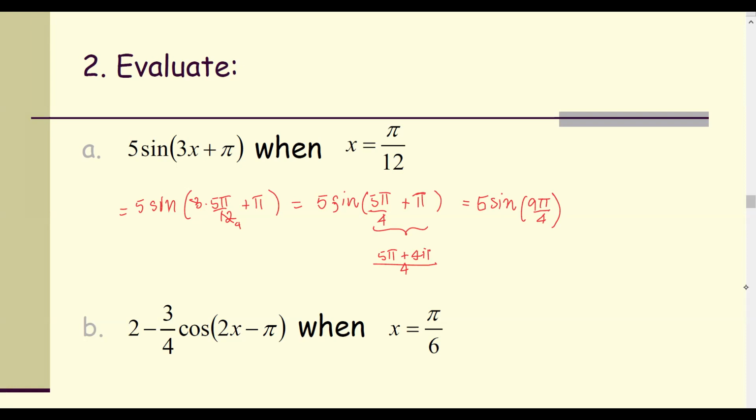And for the angle, if we don't want to convert into degrees, you can look at the unit circle: 0 degrees is 0 radians, 90 degrees is pi over 2 radians, 180 degrees is the same as pi, 270 degrees is 3 pi over 2, and 360 degrees is the same as 2 pi. 9 pi over 4 is a little bit more than 2 pi.